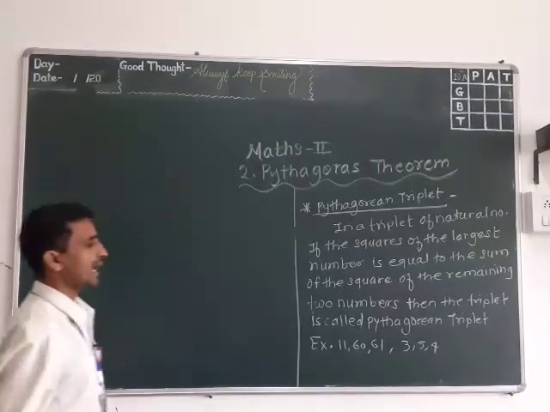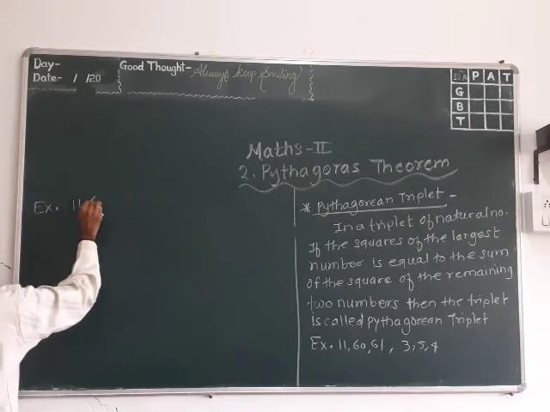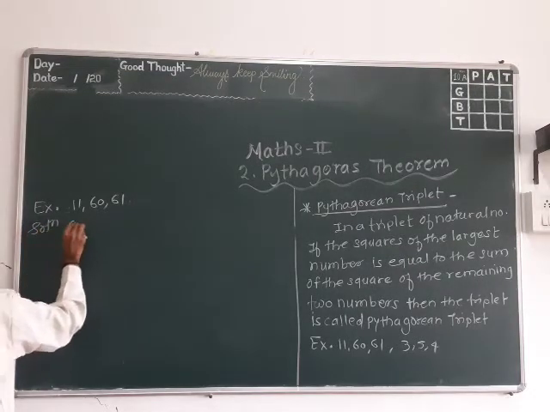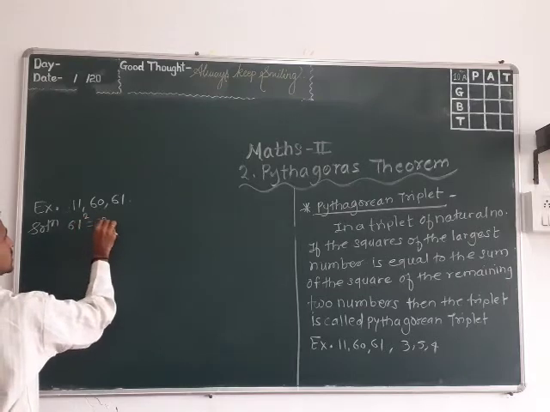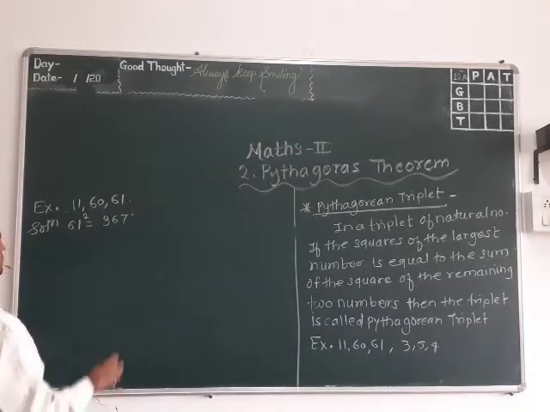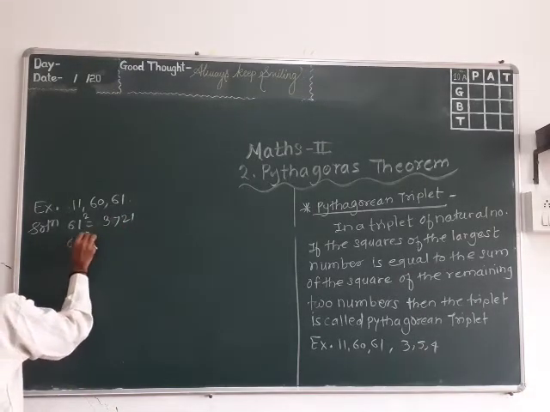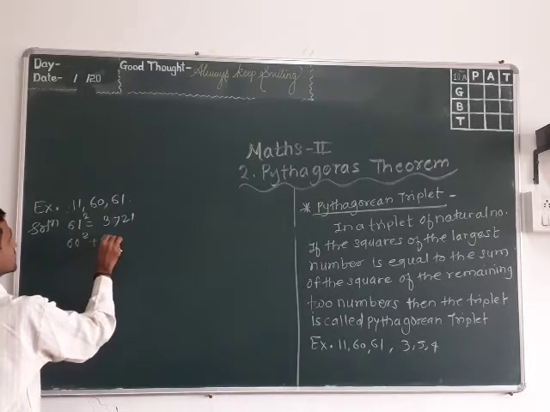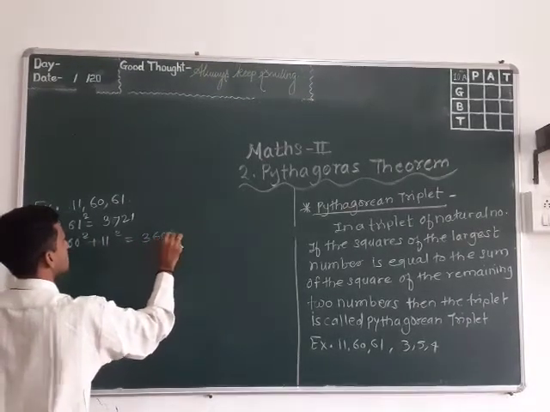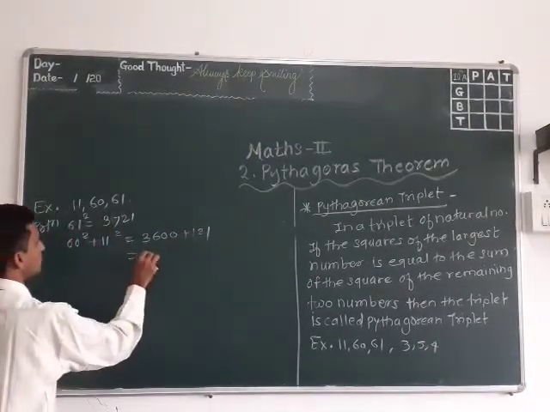For example, 11, 60 and 61. Solution: 61 square is equal to 3721. 60 square is 3600 and 11 square is 121, so the sum is 3721.